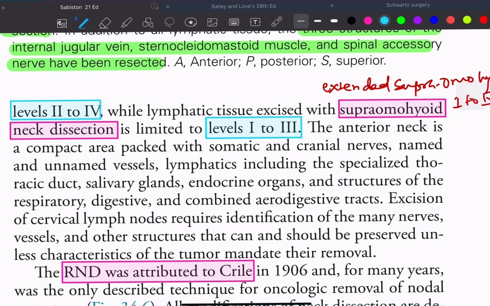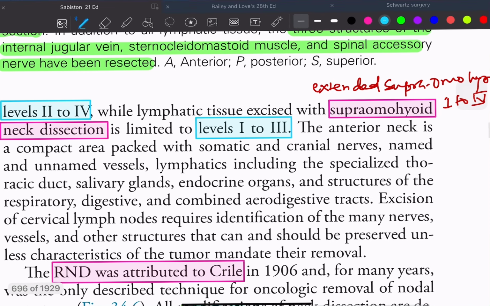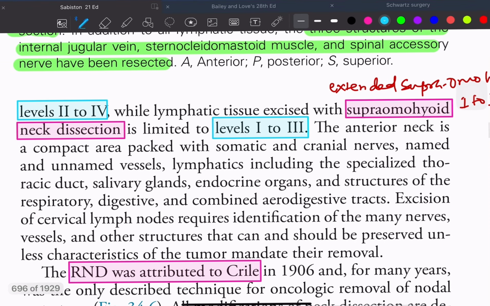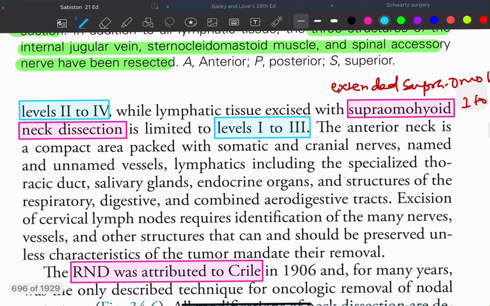So lateral group of lymph nodes means 2 to 4. And supraomohyoid dissection means 1 to 3. How we will remember, I'll say in Schwartz. So supraomohyoid dissection is 1 to 3.